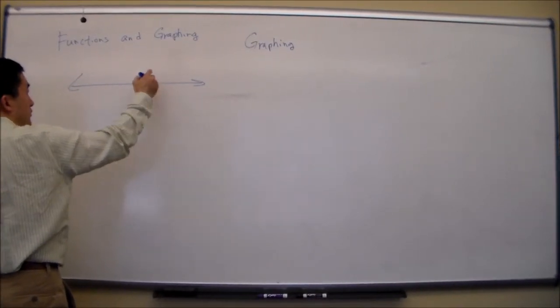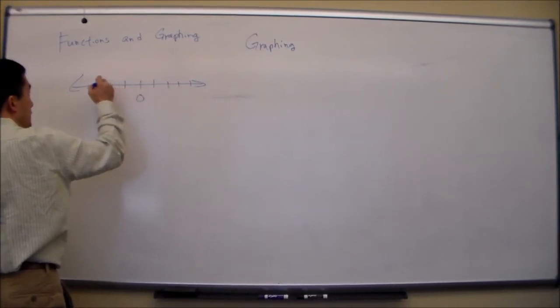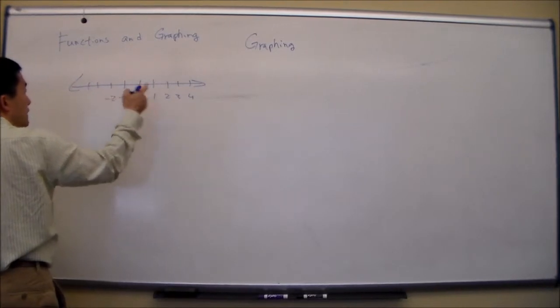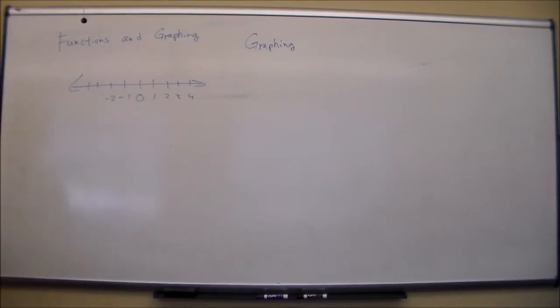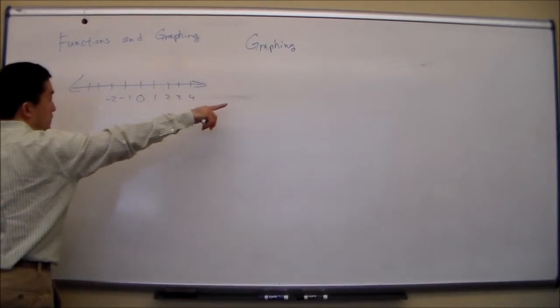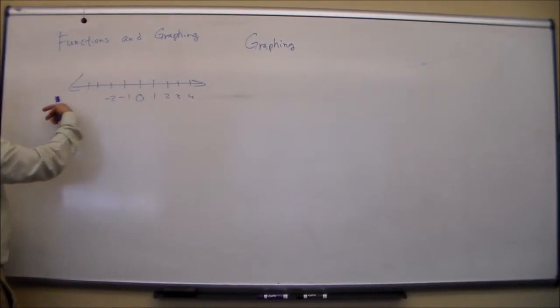Before you know how to do that, you have to know what this is. You've seen this already. This is called a number line. Each line represents a number, and if you go to the right, that's positive numbers. If you go to the left side, that's negative numbers, and this is smaller and this is bigger.